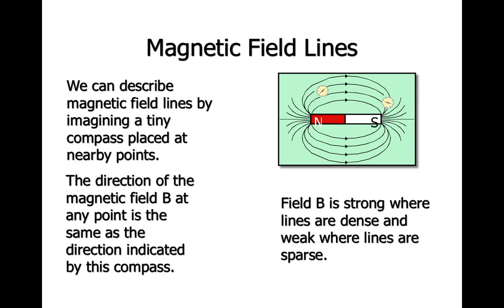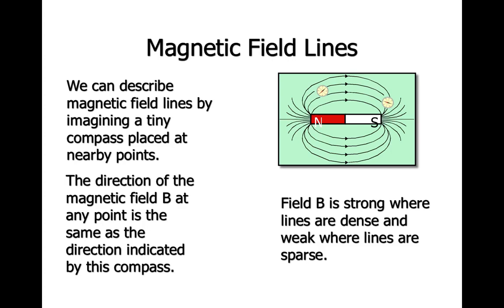So if we would take iron filings and drop them over top of a magnet, they're going to make lines that are very, very similar to this picture. And the lines are going to go in the same order as the lines here, as if I would put a magnet there. It would be going in the same direction. It would be northeast, northwest, southwest, etc.